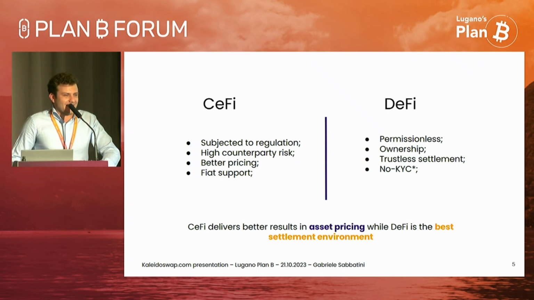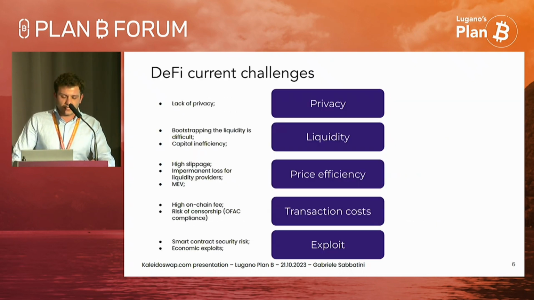availability. So what we understand is that when it comes to pricing and price discovery, centralized finance delivers much better results. Whereas when it comes to settlement, using Bitcoin as a layer, or a blockchain, it's much better because you can have trustless settlement.